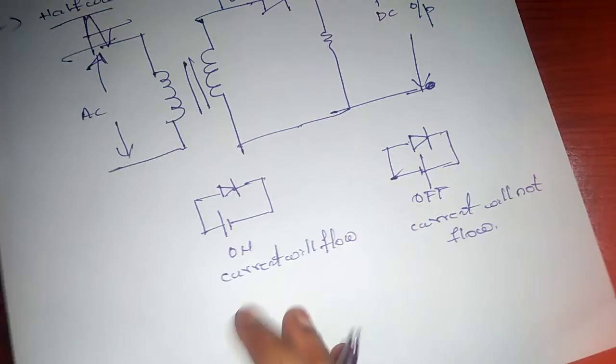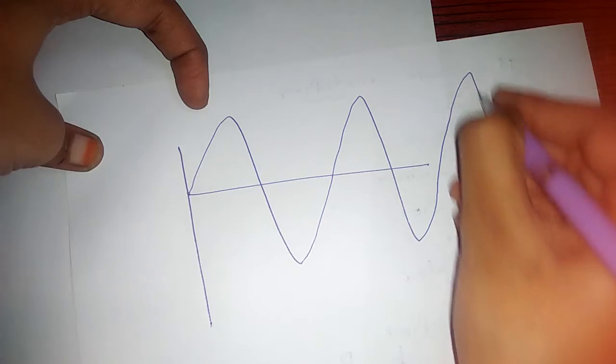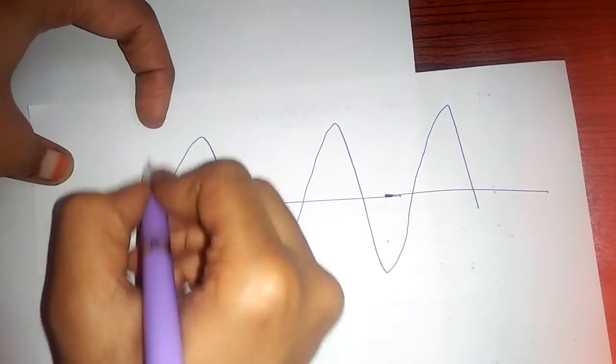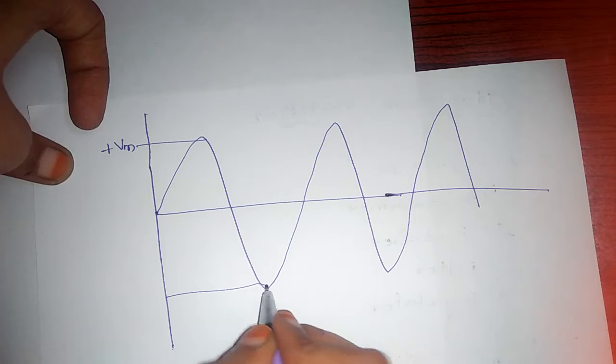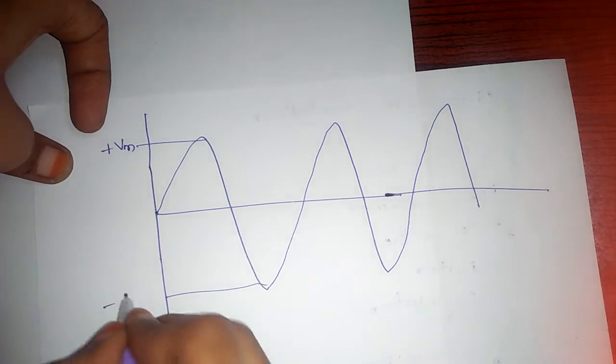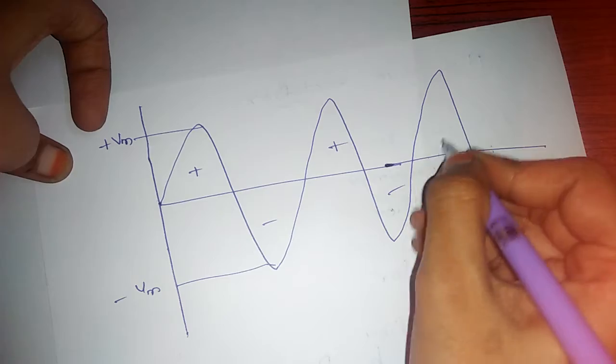Here the input is plus Vm peak voltage, minus Vm, so plus, minus, plus, minus, plus.